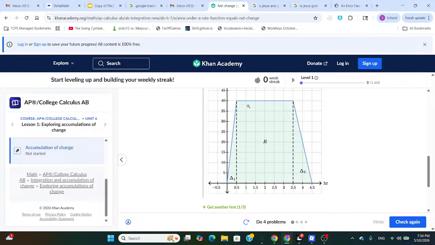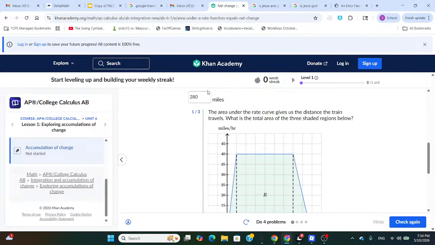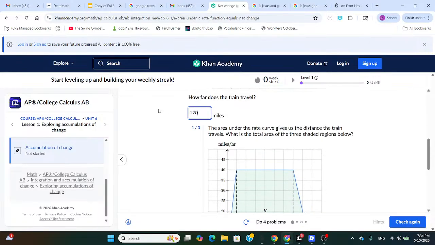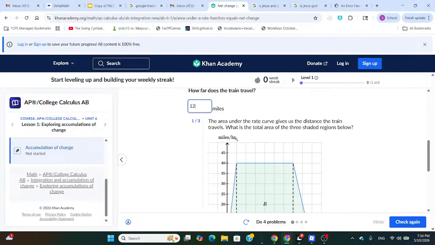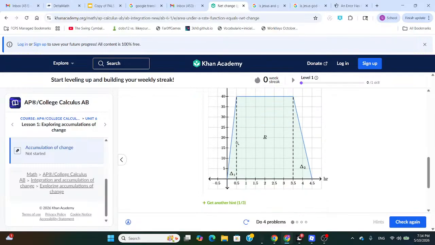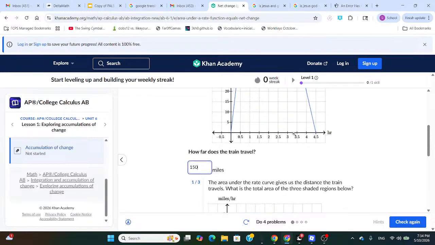So that's 3. 3 times 40 is 120, and then it's 130, and then it's, oh, it's 150.